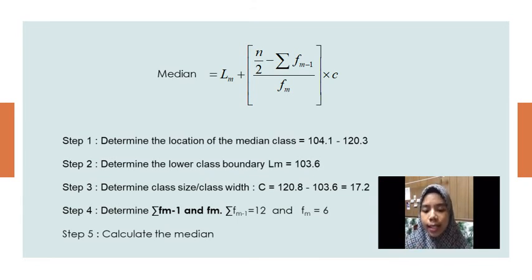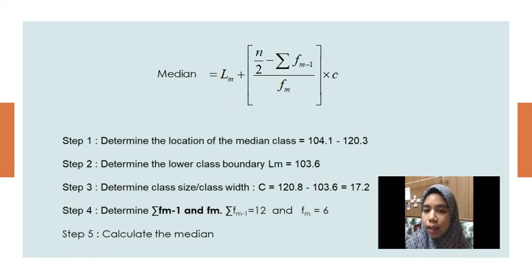So the median class is 104.1 until 120.3. This is the median class. Step 2: determine the lower class boundary Lm. To determine it, we subtract 0.5 from the first number of the median class, which is 104.1 minus 0.5.